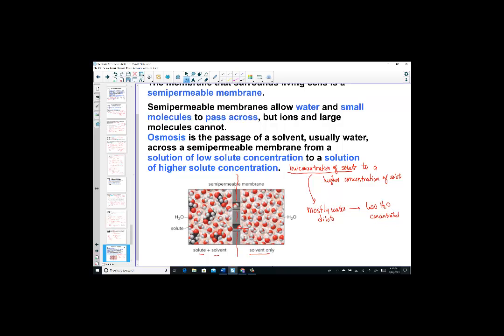The water is allowed to diffuse through, and the water itself is the dilute side, which is the solvent only, and it passes across this channel to the more concentrated side. Water will flow from the more dilute to the more concentrated until we have an equilibrium achieved.